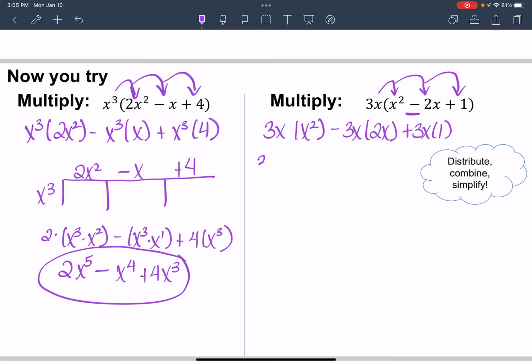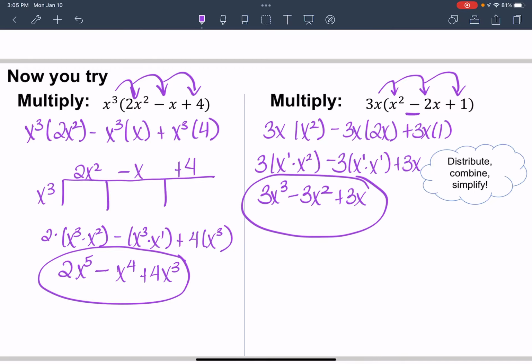So this is going to be 3 times x, which is an x to the 1, times x squared, minus 3 times x to the 1 times x to the 1, plus 3x. So this will be 3x cubed, because I add the exponents, minus 3x squared, plus 3x.